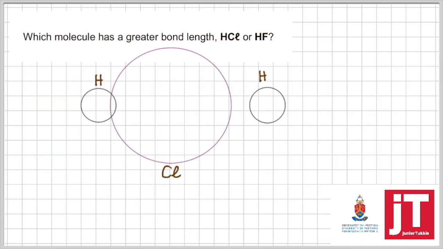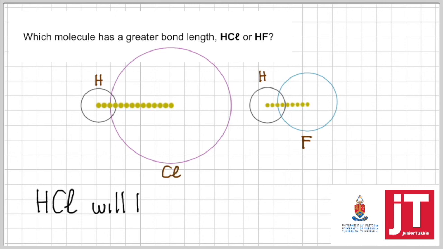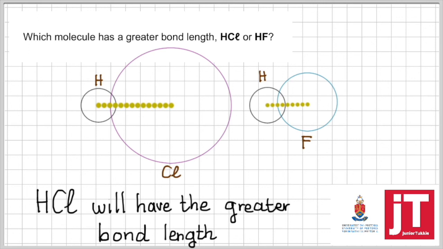If we draw these molecules, with chlorine being a bigger atom than fluorine, you will notice that the distance between the nucleus of the hydrogen and chlorine atom is longer than that between the hydrogen and fluorine atom. We can therefore answer this question by saying that the HCl will have the greater bond length.